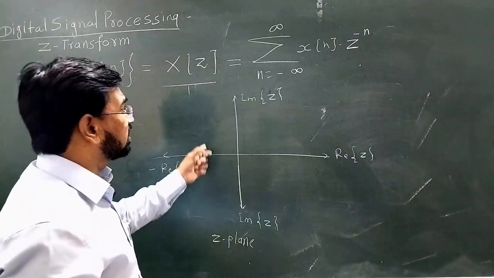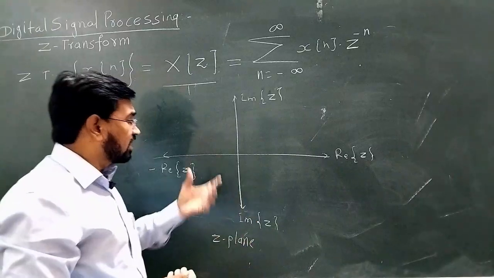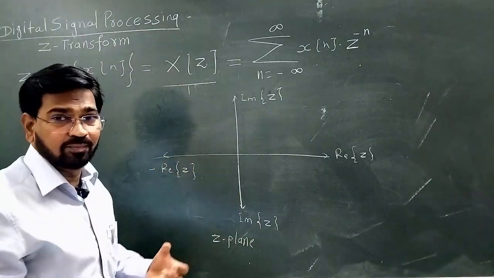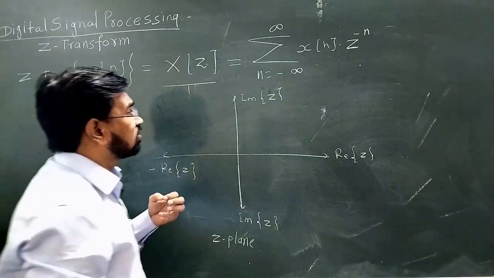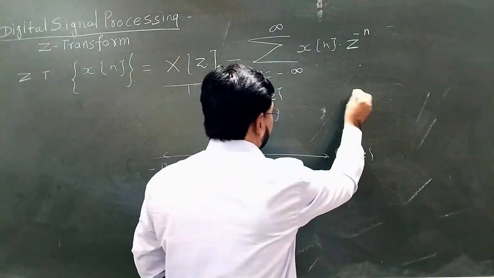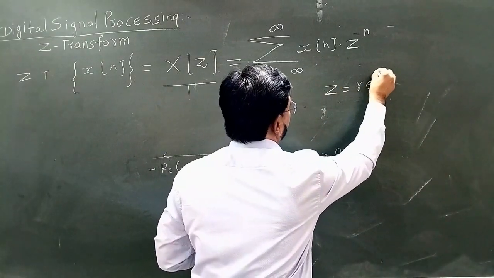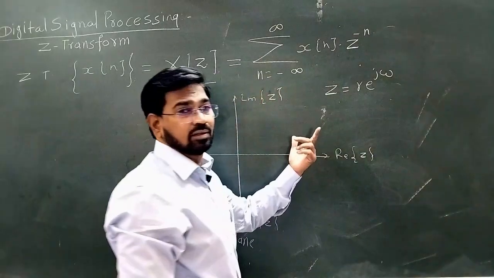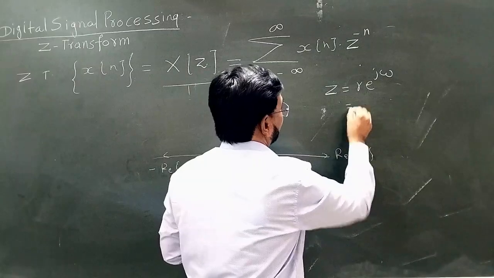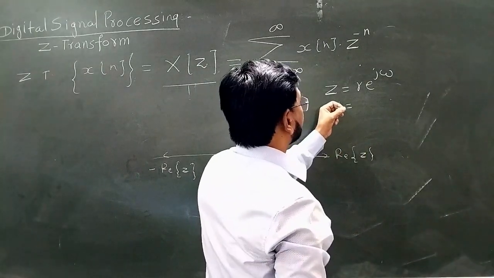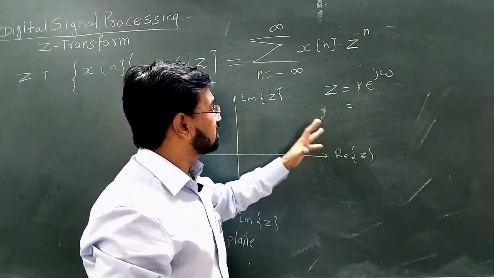Now, we have one more thing in the Z transform which is not there in the Laplace transform. In the Z transform we have a circle centered at the origin, and how do we obtain that circle? If you take Z equal to R e raised to j omega, and R equal to 1, this equation behaves differently.